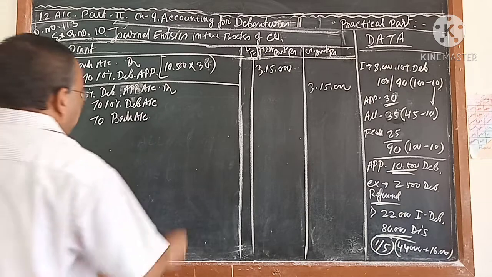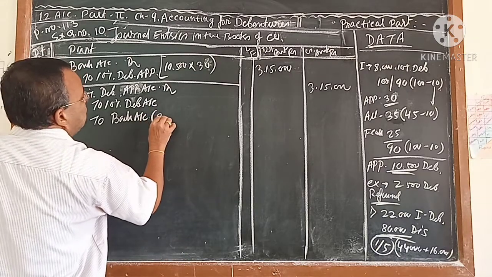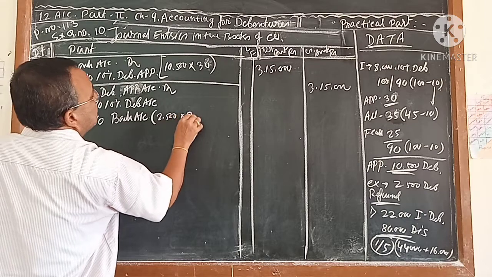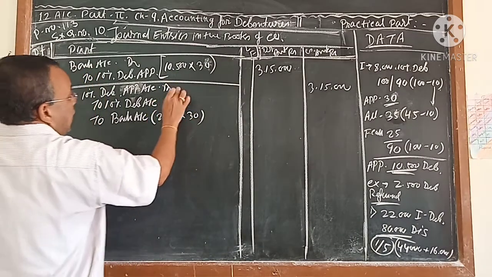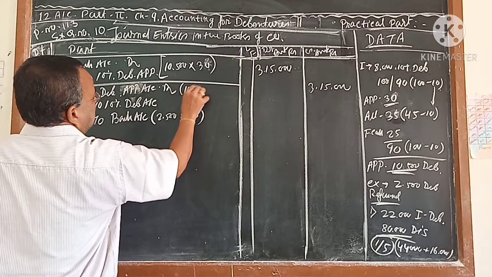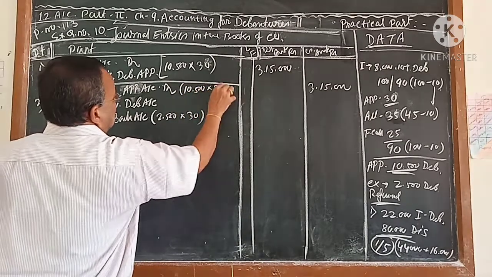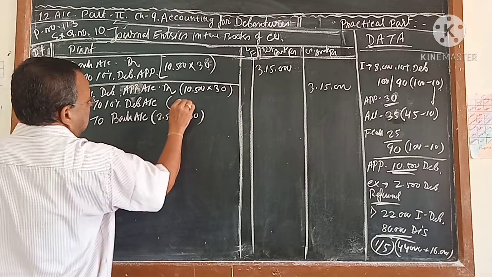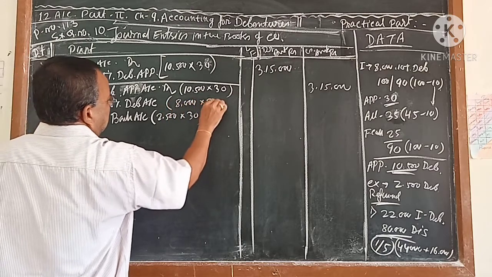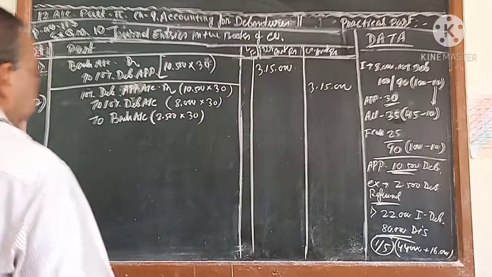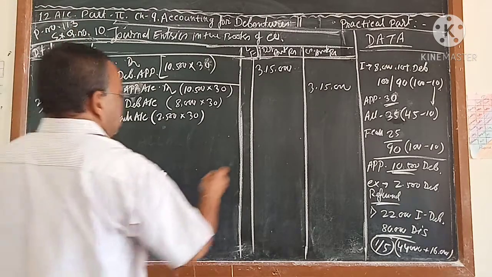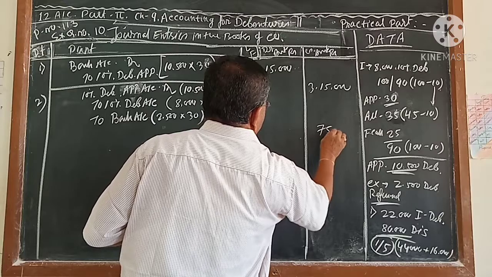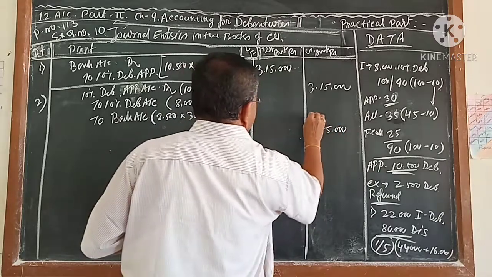How much you are going to refund? Because you are going to refund 2,500 debentures of rupees 30. This amount already you know, 10,500 into 30, and this is 8,000 into 30. Because 2,500 is the excess which you are going to give back, that is 75,000. And this comes 240.